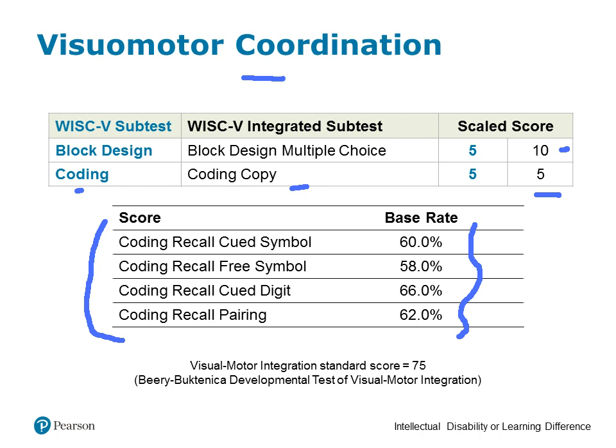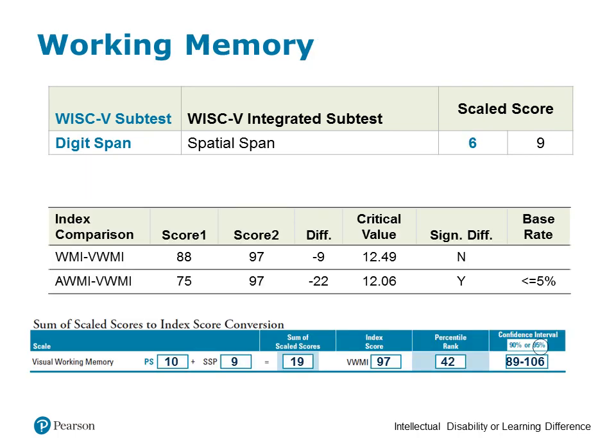We also administered the Beery-Buktenica Developmental Test of Visual-Motor Integration. His standard score was consistent with these scale scores for block design and for coding. And then for working memory, that was the other one about which we had some questions. Is it auditory working memory or is it modality specific?